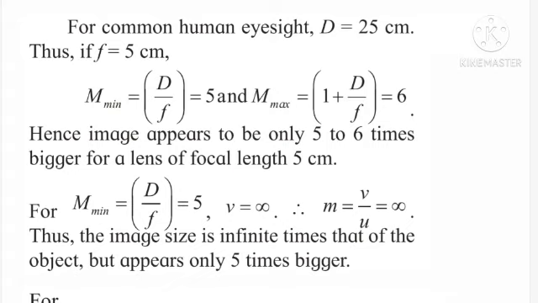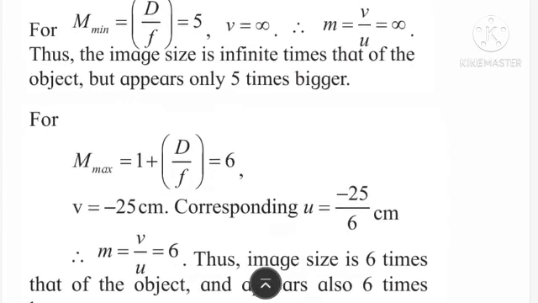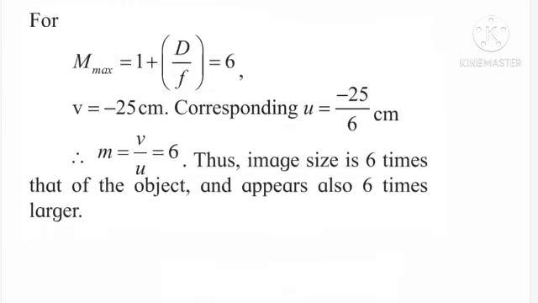The image would appear at infinity, even the image distance should be infinity, and the magnification would be only 5 times. So this is the advantage of using a convex lens in a simple microscope. And for maximum magnifying power M max, the value would be equal to 6 for the same distance.